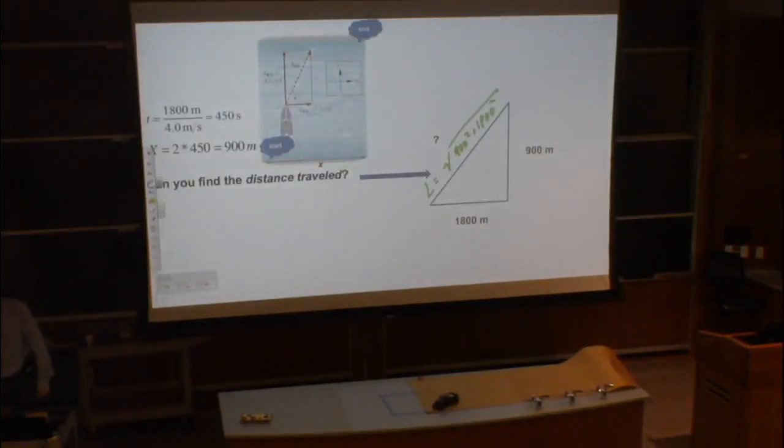there is another way to calculate this distance, because this is the actual distance. For the actual distance, you can use the actual speed of the boat relative to the ground times the same time. So we always have more equations than we need to answer the same questions.